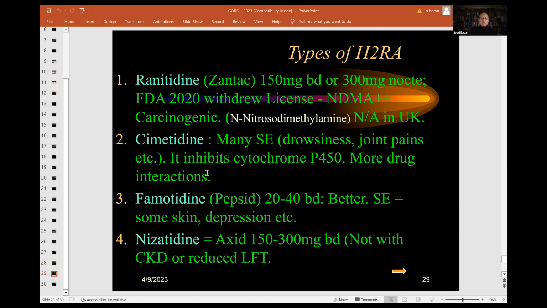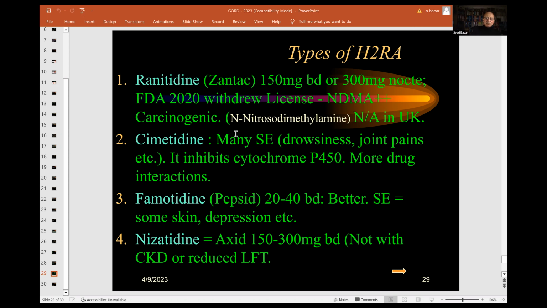So going back to ranitidine, we've talked about the dose, and it is said that Zantac additionally causes problems because of enzyme secretions. So we often say that this is due to NDMA, which increases, which is carcinogenic.